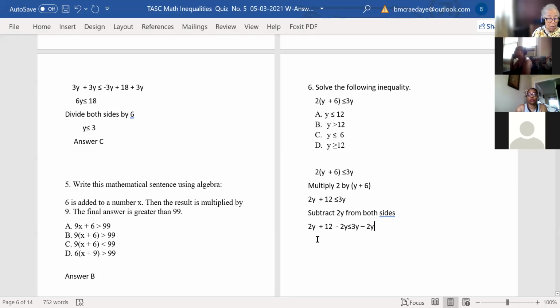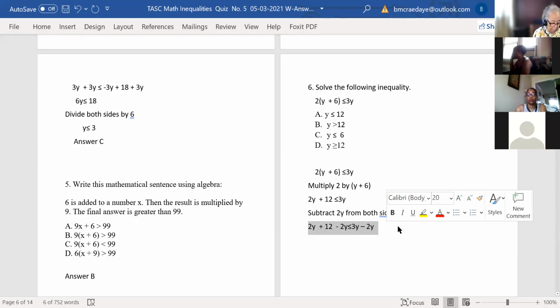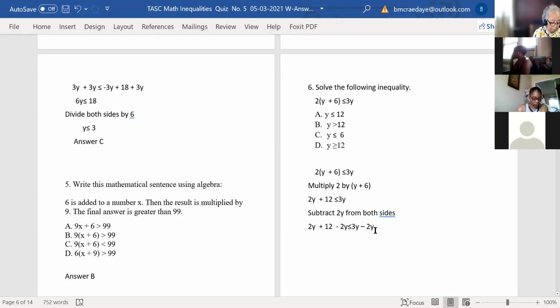Now, Maureen, what do you have left on the left side of this inequality? What's a plus 2y and a minus 2y? That's a 0. So you have 12 plus 0. So these come out, right?